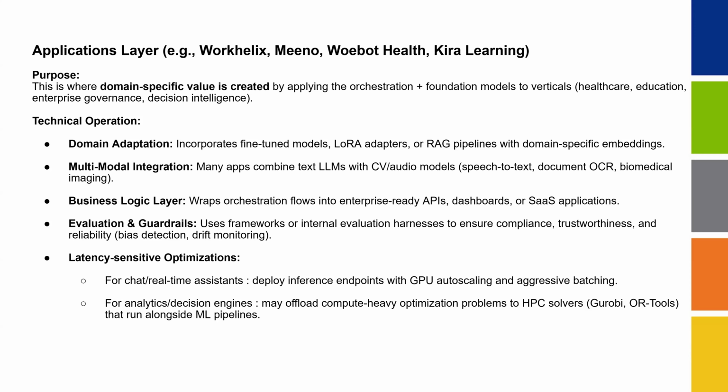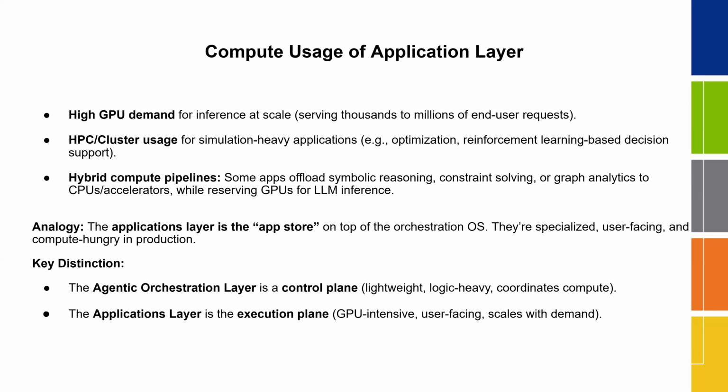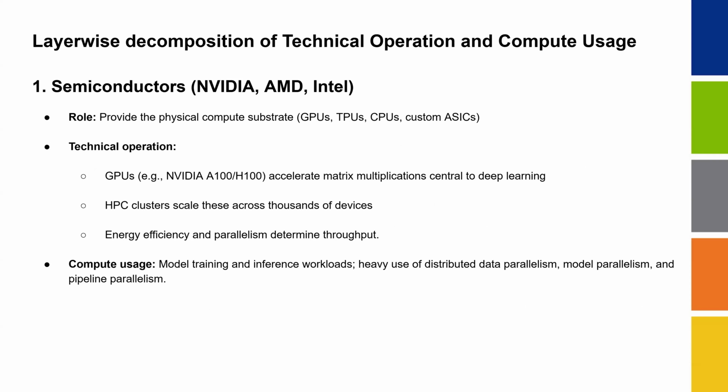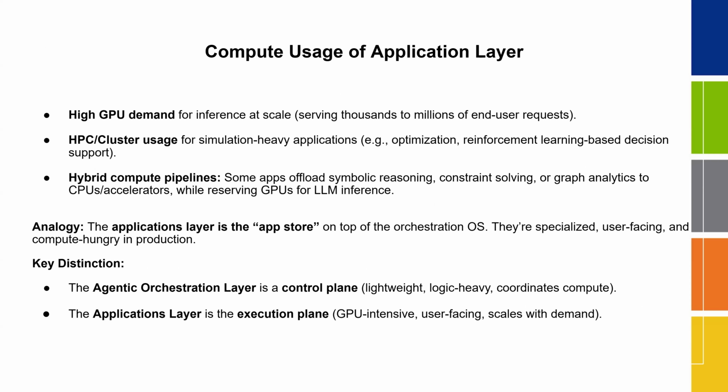So it is this layer where solvers can be co-hosted with other layers of technical operations. We have discussed the compute usage of the application layer, but just to give you the idea, the higher distinction is the agentic orchestration layer is a control plane that is lightweight and logic heavy.